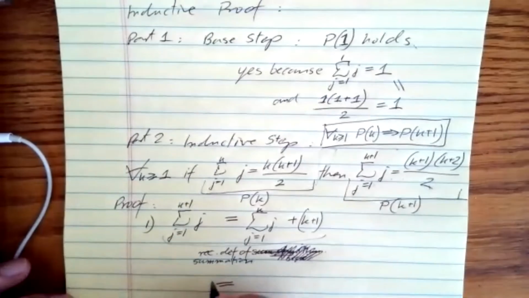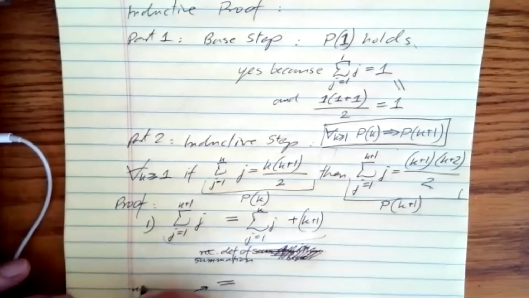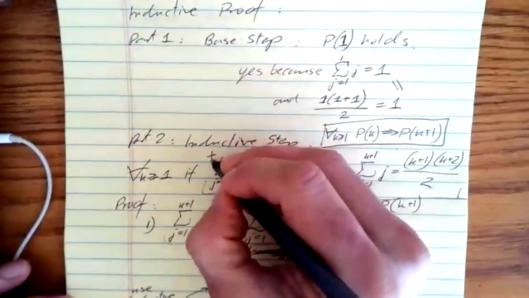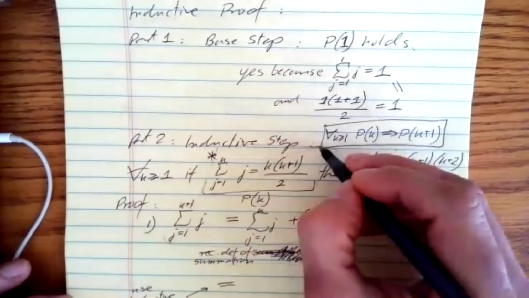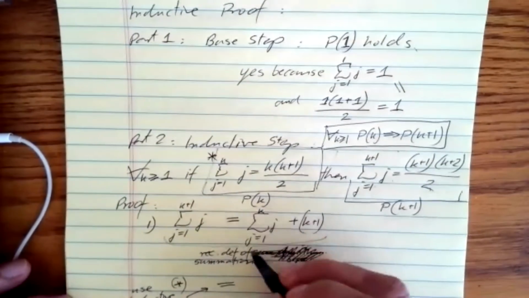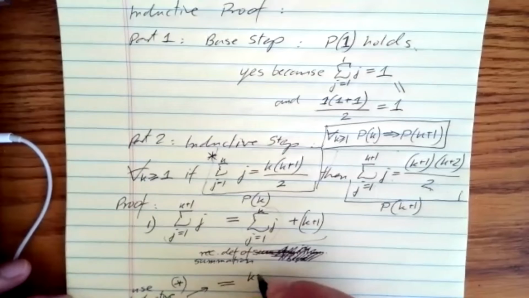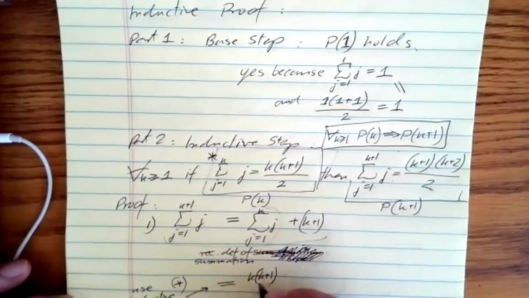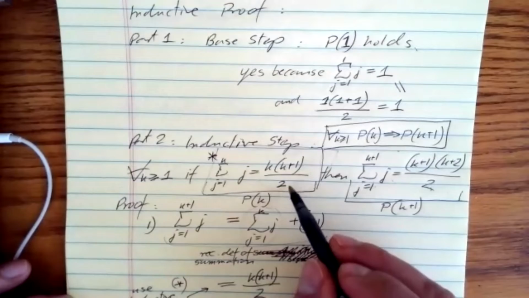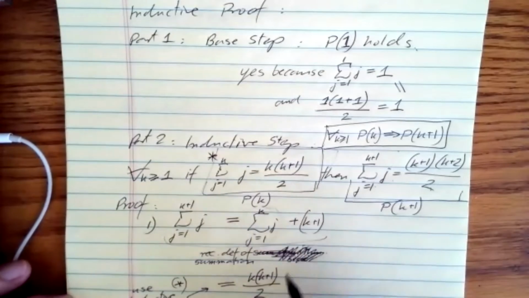So at that point, use the inductive assumption, namely, use this thing, to rewrite this as k times k plus 1 over 2, because we're supposed to be able to assume that the closed form holds at one less index.